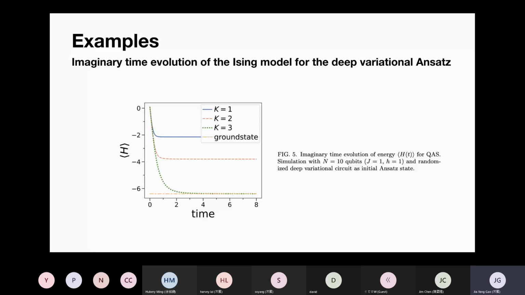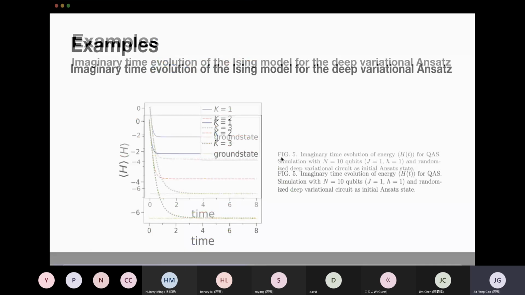In this case, you can also derive the differential equation for the imaginary time evolution case, and then follow the same algorithm. In the k equals 3 case, you will reach the ground state. So yes, it also shows the result of imaginary time evolution.